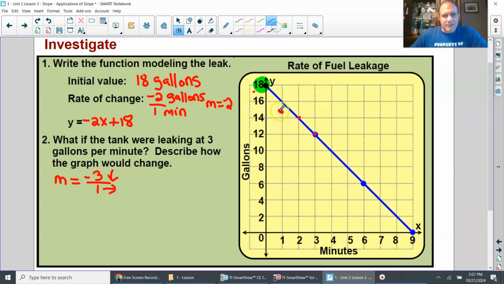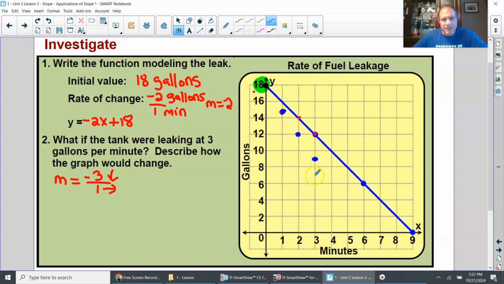And I'm going to change that to a different color. Down 3 and right 1. Down 3 from 15, 12, and a run of 1. So down 3 to 9 and a run of 1.